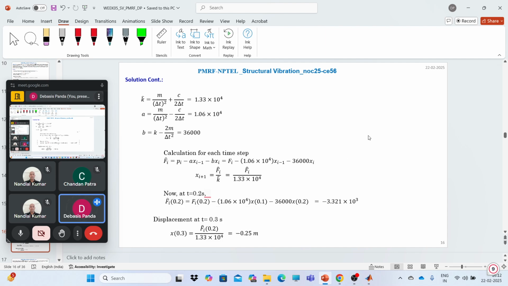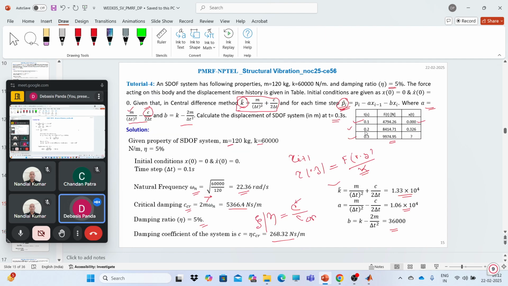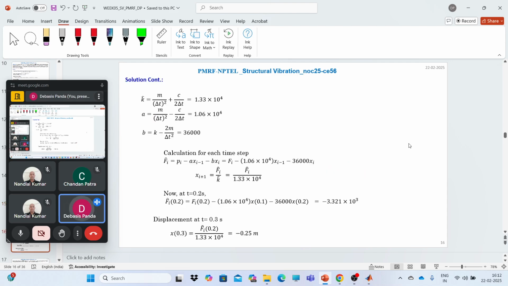Now all the values are given in your table here. Look, for 0.1 second the forcing function and corresponding displacement are given. For 0.2 second the forcing function and the displacement are also given, and for 0.3 second both are given. So now we can easily solve the equation, and that comes as this.